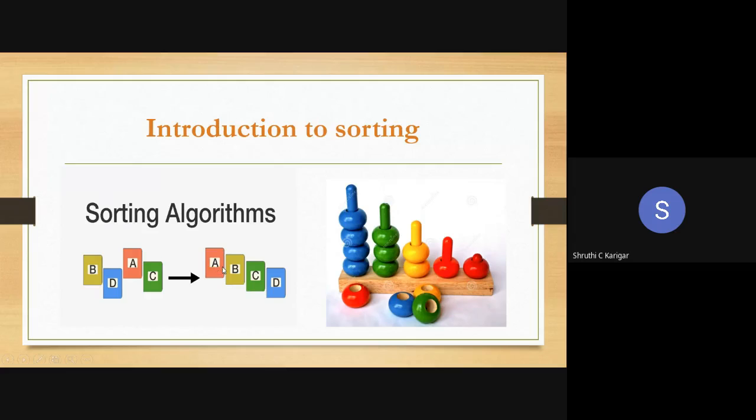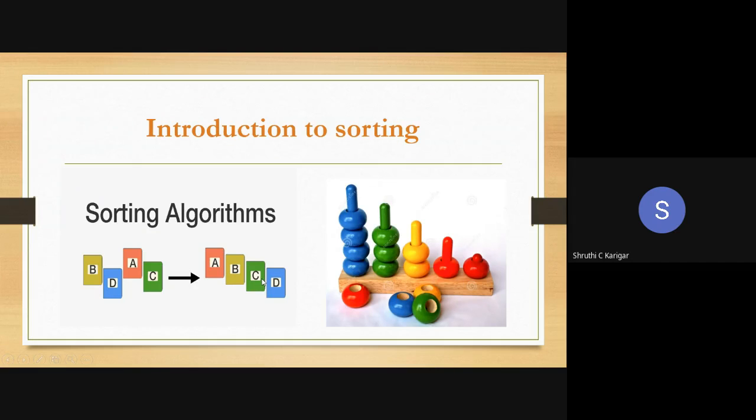In this example, they have been arranged in ascending order, starting from the first alphabet until the last. There are only 4 alphabets here, so I have to arrange them in this order: A, then B, then C, and then D.